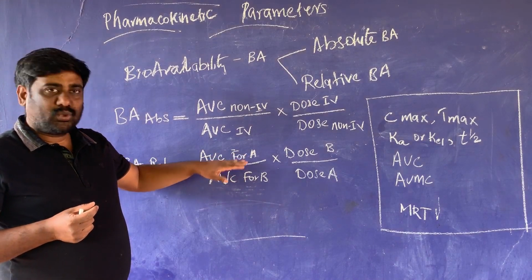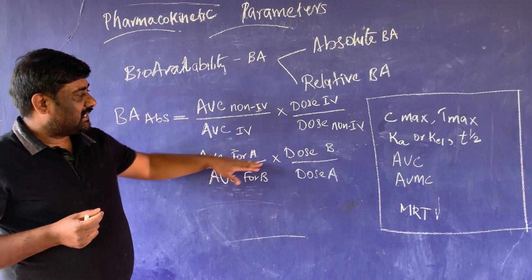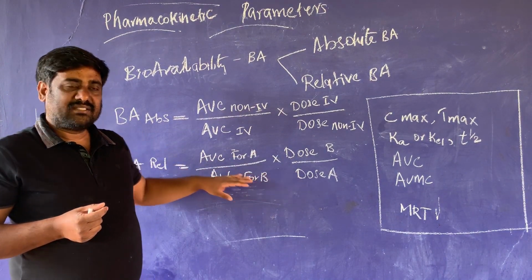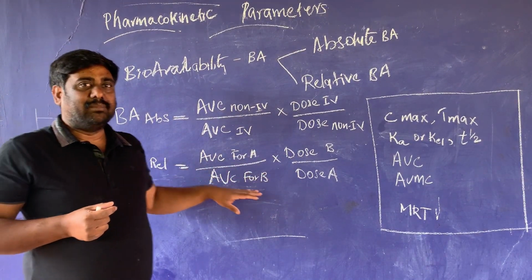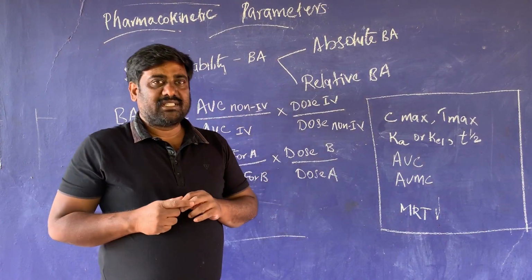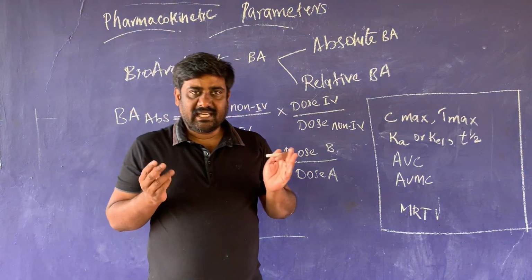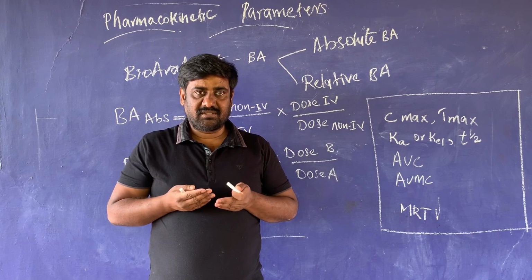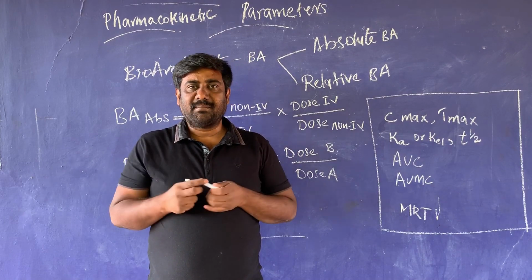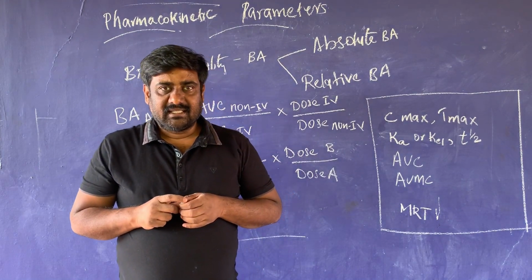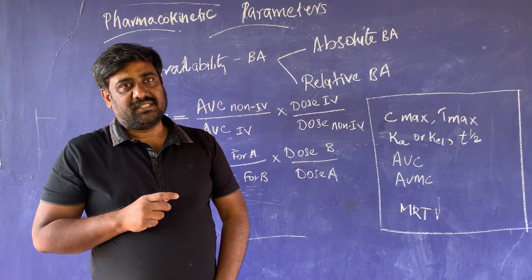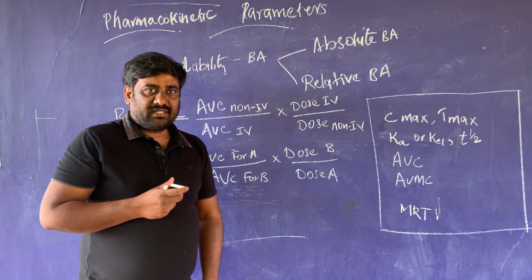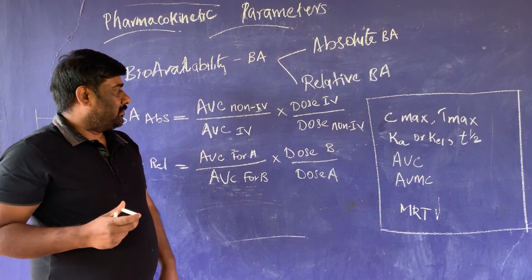So we are comparing two dosage forms in the same manner with their dose, and this will give you relative bioavailability. But in bioequivalency, we select the same formulation, same dosage form, of different company products and compare them. That is known as bioequivalency. So these are the two differences between bioequivalency and bioavailability.